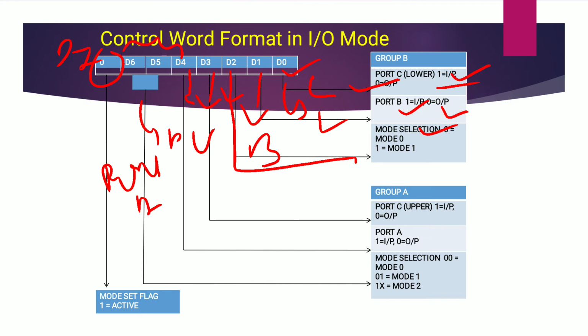Now bit D4 is for port A. It acts as an input port when it is set to 1, and as an output port when it is set to 0.